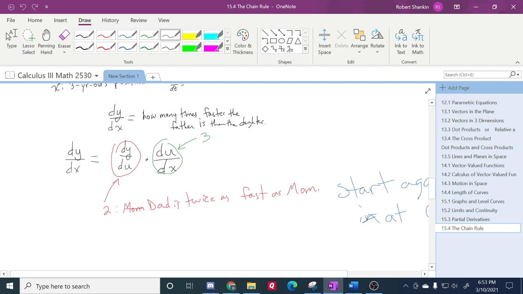Anybody else? All right, let me offer 2 possible explanations for this. One is kind of a chain reaction. I think it's called the chain rule because of chain reaction. Let's think of the child as moving 1 foot.